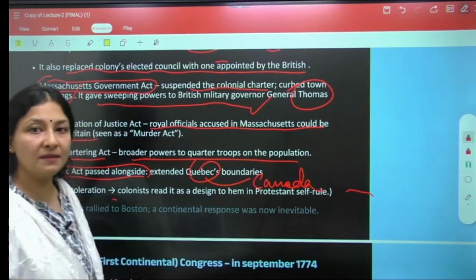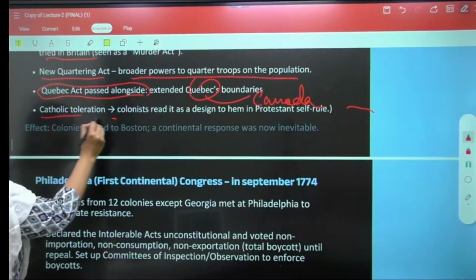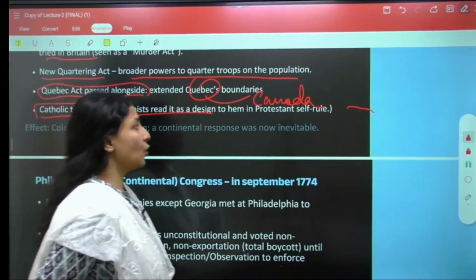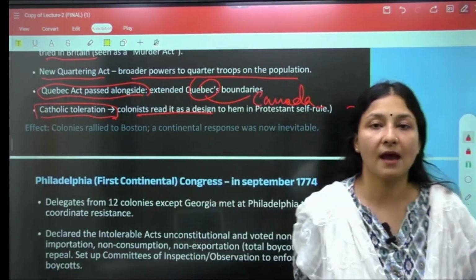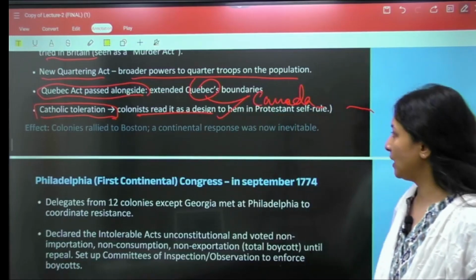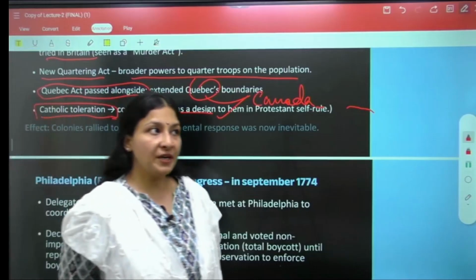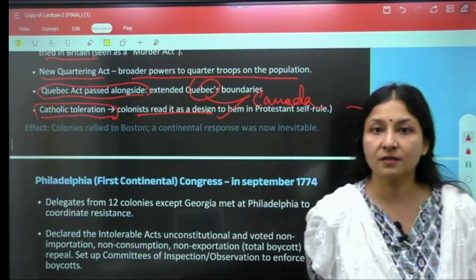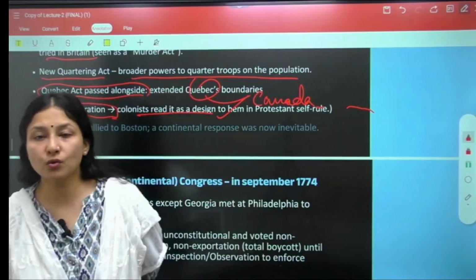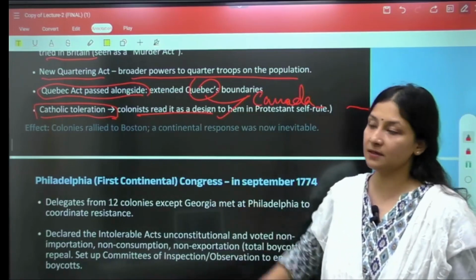it could dismantle the unity amongst the North American people. Even the Catholic Toleration Act was passed, and these colonists read it as a design to hem in the Protestant domain or Protestant self-rule, because mostly the Britishers from English land were followers of the Catholic Church, and those who came to the US were mostly followers of the Protestant Church.